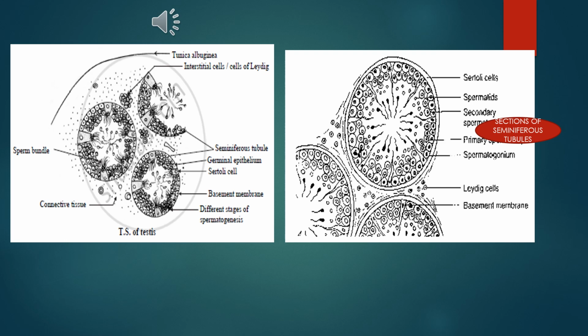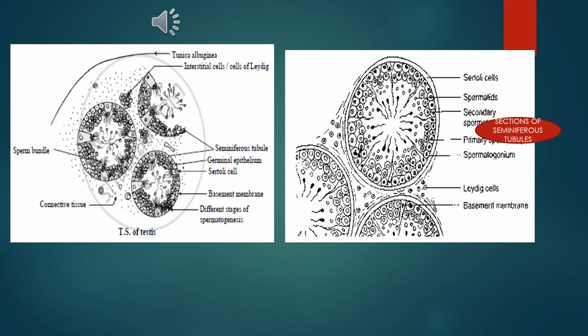Then you can see the cut section of seminiferous tubule, which represents stratified epithelium or germinal epithelium, which represent the stages of spermatogenesis, that is spermatogonia, spermatocyte, spermatid and sperms, and the supporting cell, that is Sertoli cell and sustentacular cell in between, which is with ovoid nucleus.